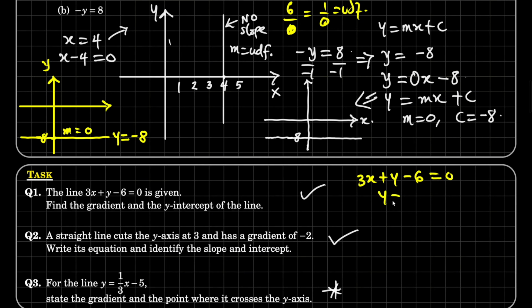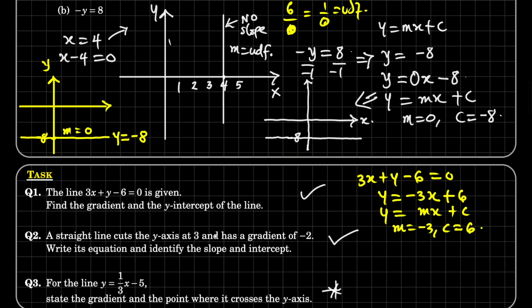So y equals, I can add 3x here, it becomes minus 3x. And this minus 6 becomes plus 6. So when we compare, y is equal to mx plus c. So m is equal to -3 and c is equal to 6. So for everyone that said m equals -3 and c is equal to 6, you are on the right path. Your answer is correct.